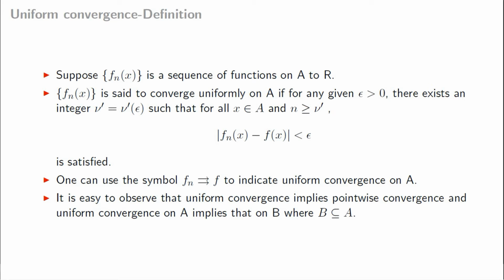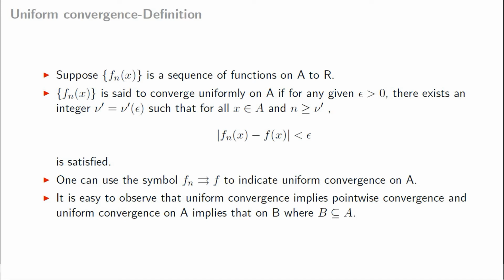So, let us come to our formal definition of uniform convergence. Suppose f n x is a sequence of functions on A to R. F n x is said to converge uniformly on A, the set A, if for any given epsilon greater than 0 there exists an integer nu dash depending only on epsilon, such that for all x belonging to A and n greater than or equal to nu dash, the absolute value of f n x minus f x is less than epsilon is satisfied.